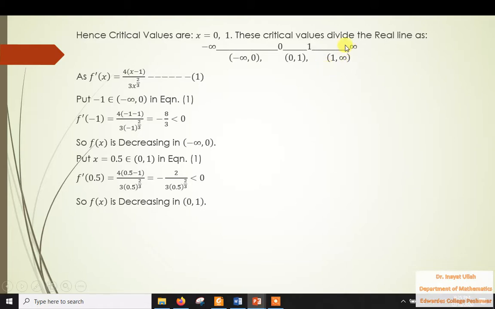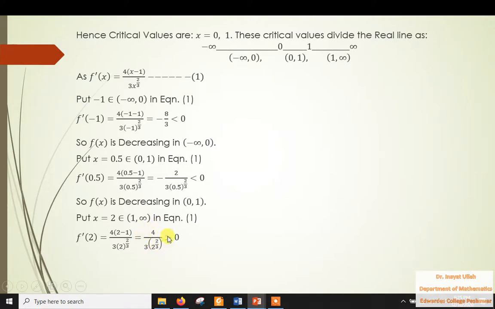Now the last interval is left. Taking the last interval, one value here, say 2, you may take 3, 4, 5. Take x equal to 2, which belongs to 1 comma infinity, and put this 2 in equation number 1, the derivative of the function. Whenever you put x equal to 2 here, we'll be getting this answer, and see this answer is positive.